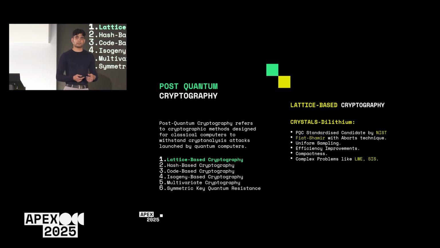It is also built on the Bai and Galbraith scheme, which introduces a new technique which potentially halves the public key size. It depends on hard problems like short integer solutions and learning with errors. Now, if scalable quantum computers are built, like if Q-day occurs, these algorithms would be very useful to withstand attacks from quantum computers.